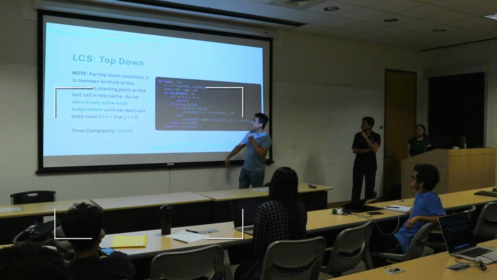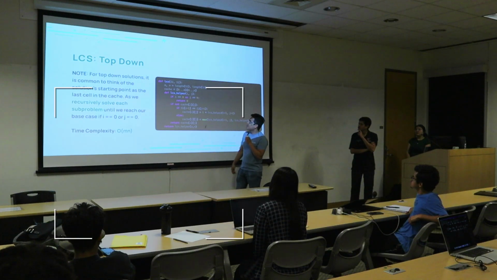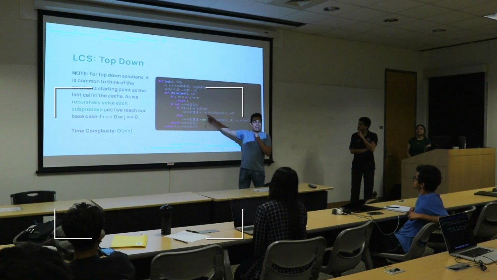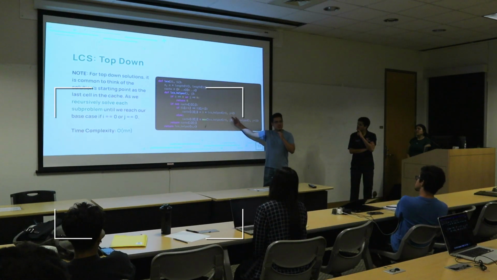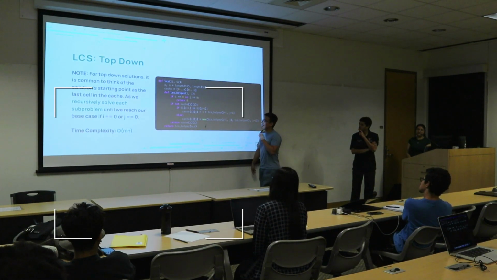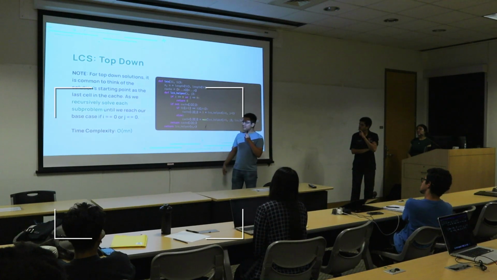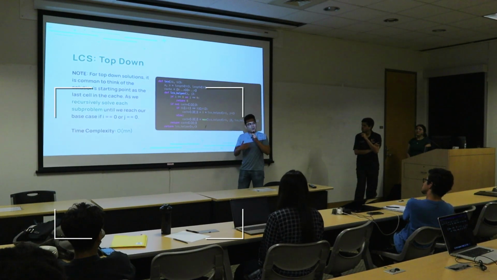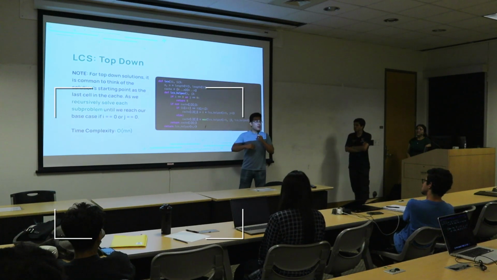So yeah. So here's our first scenario. If both elements are in the string, then we're going to add 1, because that's our length, right? And then we're going to move down both strings. And of course, add it to the cache as well. Now, second scenario. What if they're not equal? So if they're not equal, then let's take the max, right?